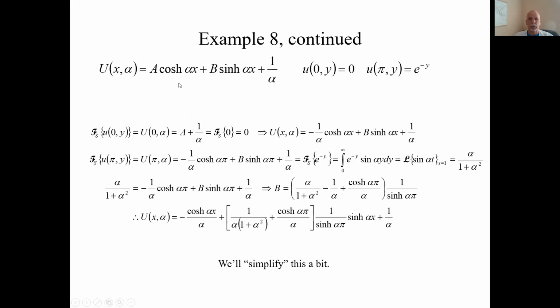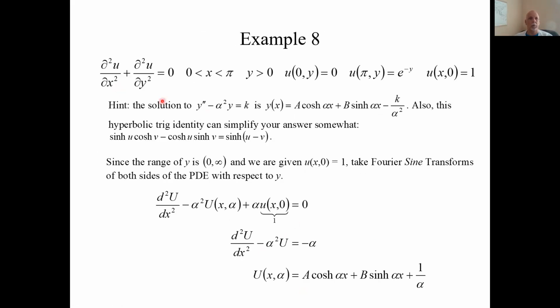Here again, what do we have? They both show up as second derivatives, so that doesn't tell us anything. X is finite, y is semi-infinite, so do it with respect to y. We're looking for where y equals 0. Here it's on the function itself, so we'll use the sine transform.